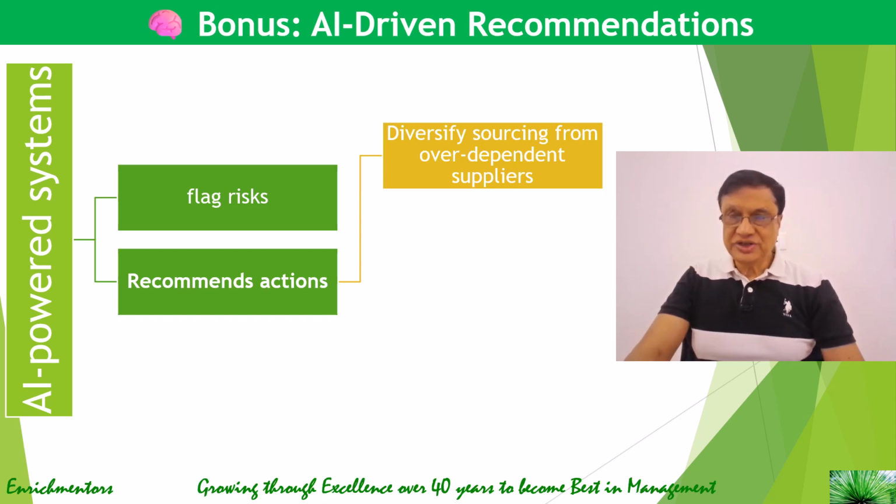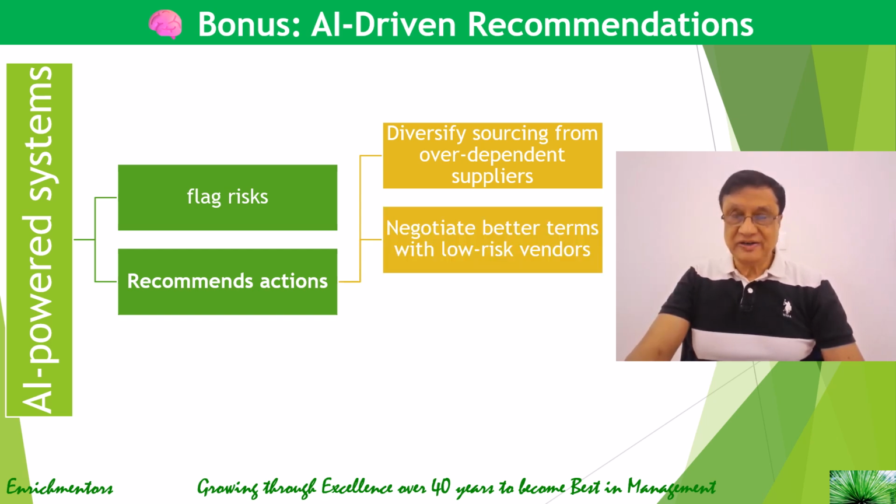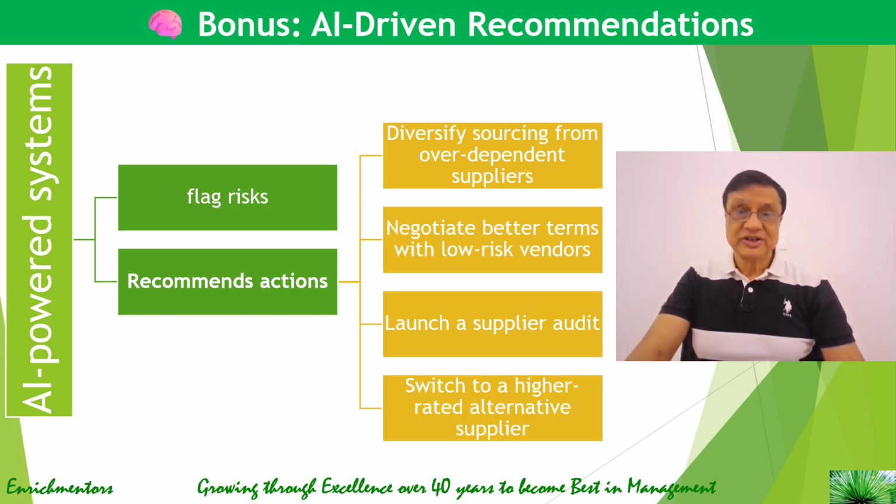It also helps negotiate better terms with low-risk vendors. It will tell you which vendors are low risk so you can negotiate better terms. It will advise you to launch a supplier audit and switch to highly rated alternative suppliers. So it not only flags risk but also recommends action.